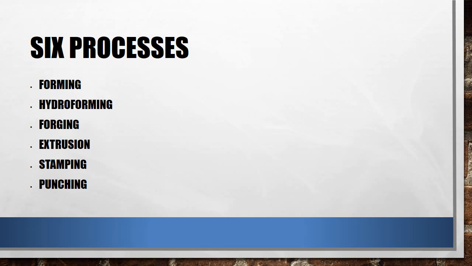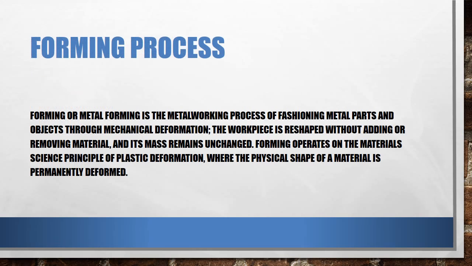Six different processes. First process, forming process. Forming or metal forming is a metalworking process of fashioning material parts and objects through mechanical deformation.